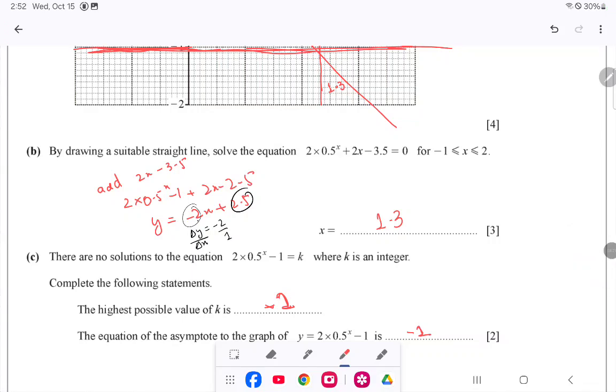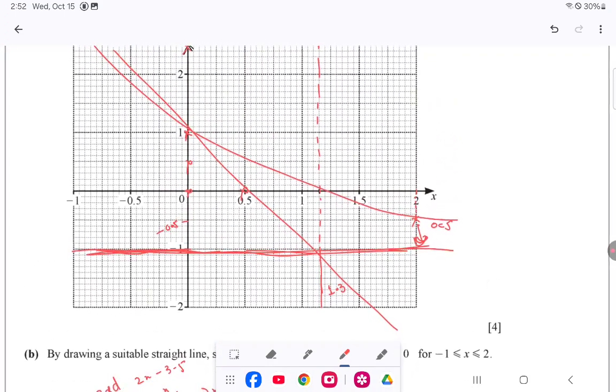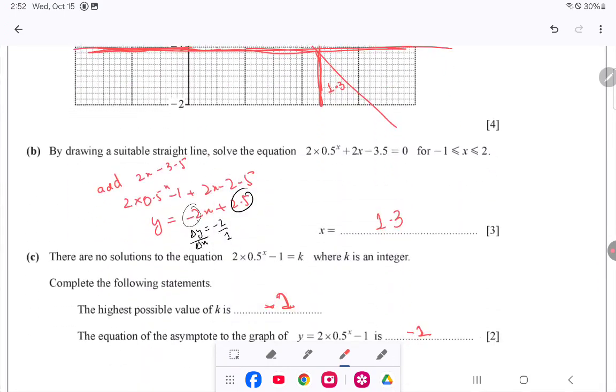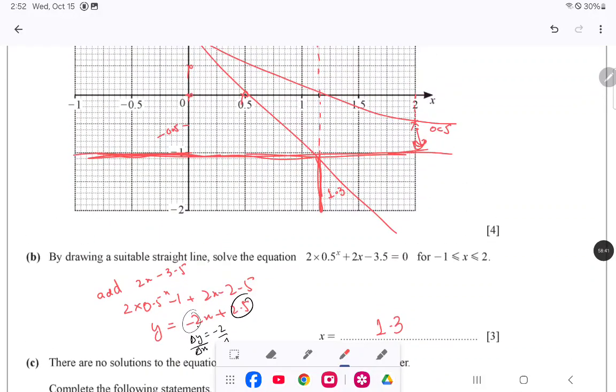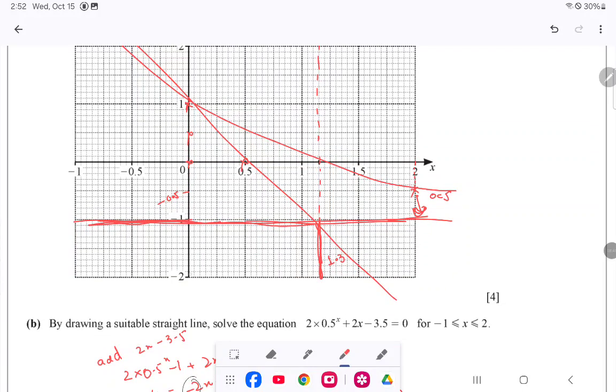So our asymptote will become negative 2, because the straight line is making from that point right here.